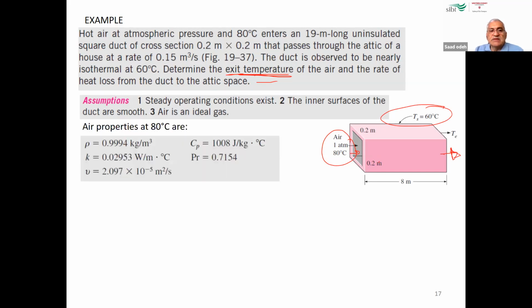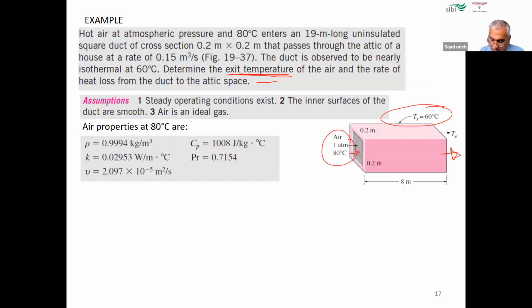To start solving the problem, again, we need to get the properties of the fluid. Air is our fluid here. We need to go to the right table, using the temperature of the air. The air temperature here is 80.